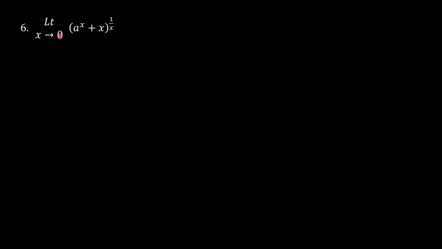Find limit of (a power x plus x) whole power 1 by x as x tending to 0. When x is tending to 0, a power x plus x is tending to 1 and 1 by x is tending to infinity. Therefore, given limit is in 1 to the power infinity form.